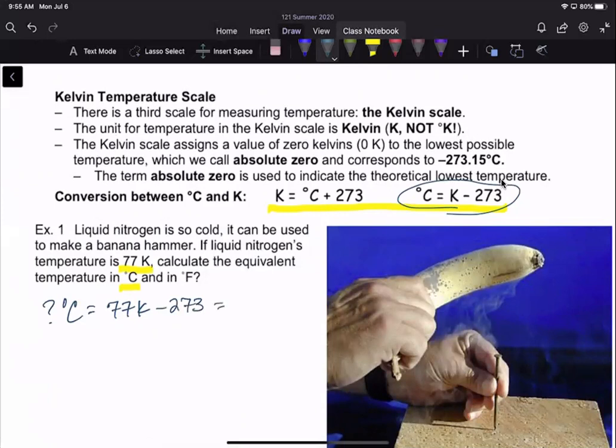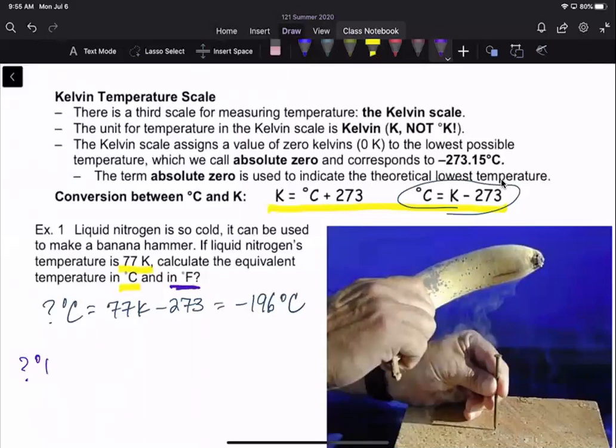And does that make sense? Are we allowed to have negative temperatures there? Yes, we are. So that's pretty cold. Liquid nitrogen. It's pretty cold.